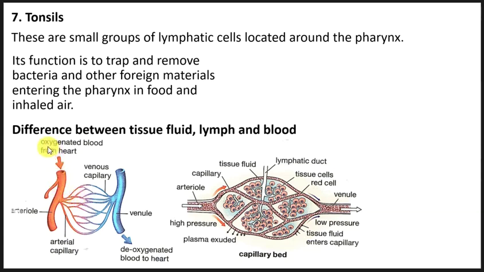Here we have this red artery carrying oxygen from the heart. As these arteries move along the body, they divide into smaller tubes called arterial capillaries. These then divide further into venous capillaries, and here there are small capillaries.